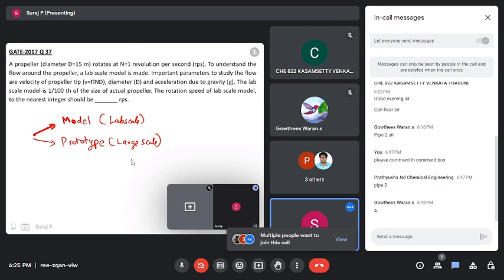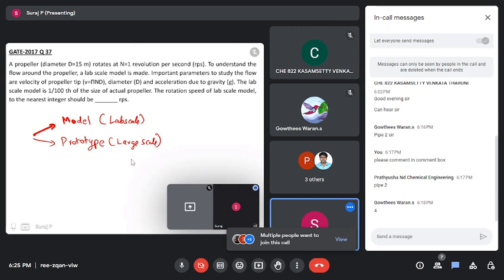There are mainly certain criteria that we follow when upgrading from model to prototype. Mainly three criteria are followed for upgrading from model to prototype.